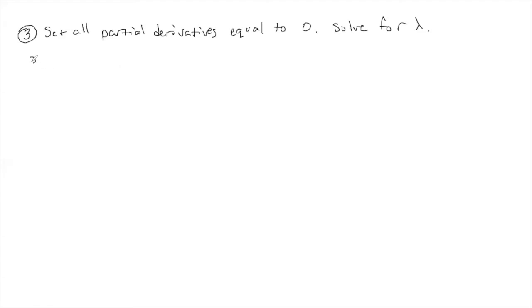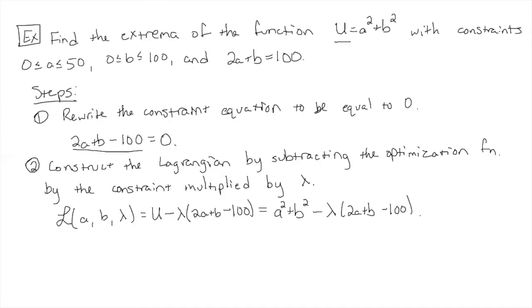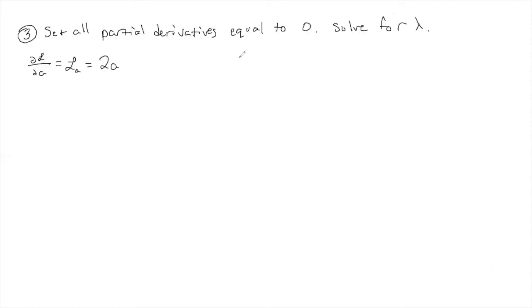So I have the partial of L with respect to a, which I can denote as L sub a if I like. This is, in this case, 2a. Let's return back to the original function so we can see it. 2a. b squared is a constant with respect to a. And here the only thing that gets hit is this 2a times lambda. So it looks like I'm going to have a minus 2 lambda here. Minus 2 lambda. And I set that equal to 0. Okay? And I'll save the solve for lambda part once I have all the partials written out.